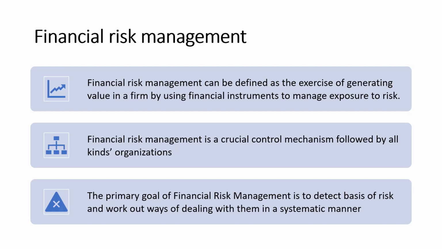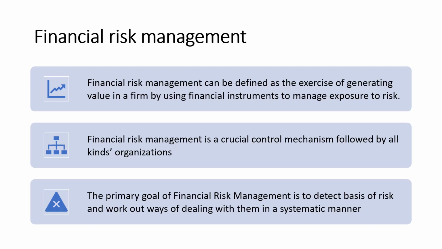Now I told about one option, that is the asset and the insurance. So that is also one kind of method which you can try in order to avoid the risk, or you can think about overcoming the risk. Similarly, risk management is a crucial control mechanism followed by all kinds of organizations.